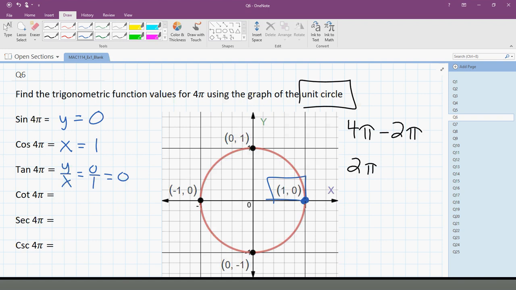What about cotangent? Undefined, exactly, because remember, cotangent is just the reciprocal of tangent. So you get 0 in the denominator, which we cannot do, so that's undefined for us. And secant?